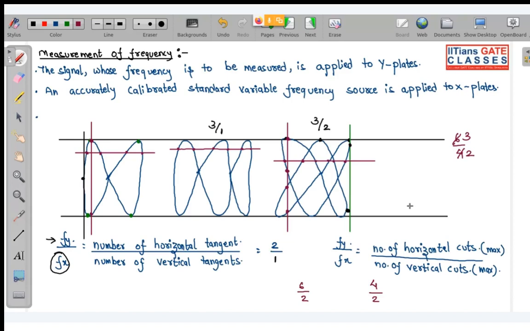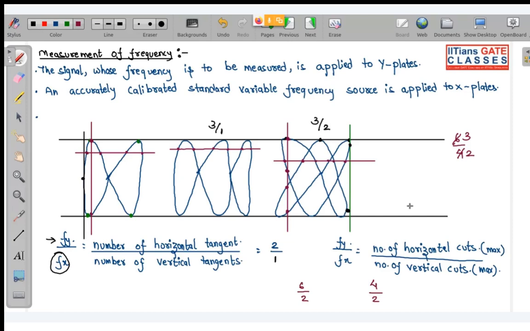But there are few peculiar questions that might be asked from this CRO. In that case we have to skip it because those things are not even there in our syllabus, but they actually put it. Okay, they put the question, so those questions need to be skipped. Okay, so this was all about CRO.